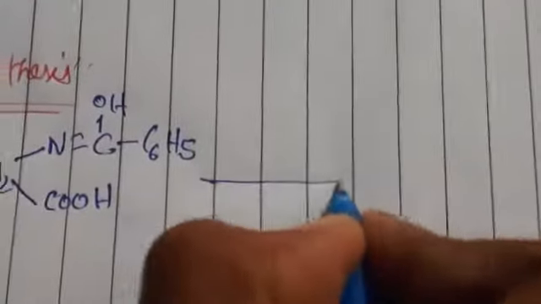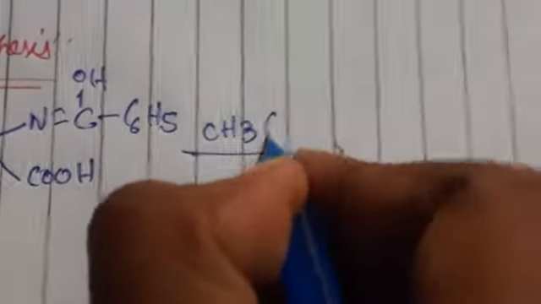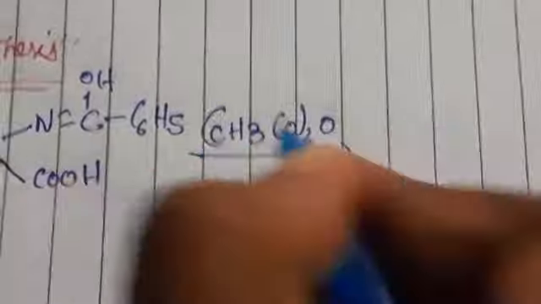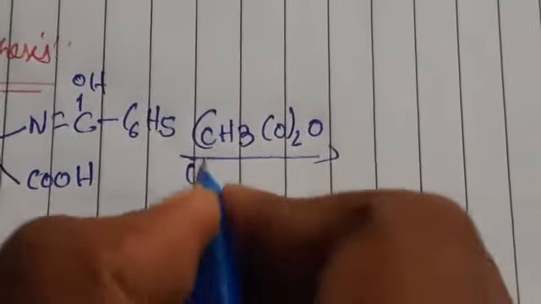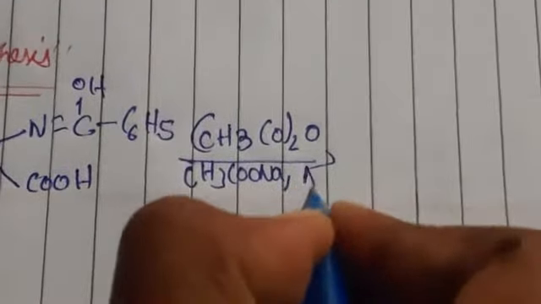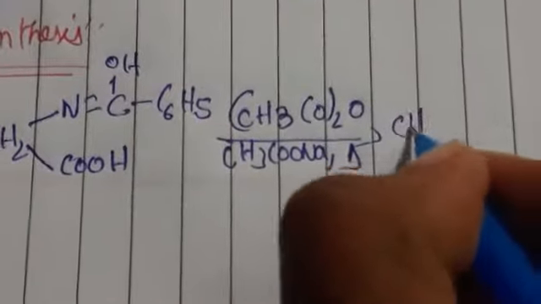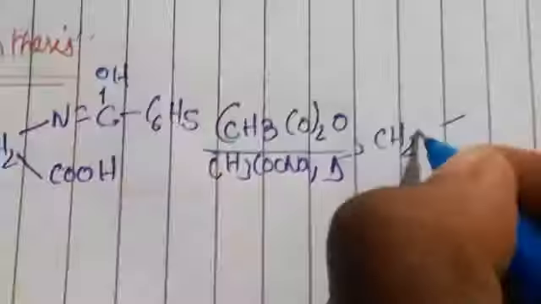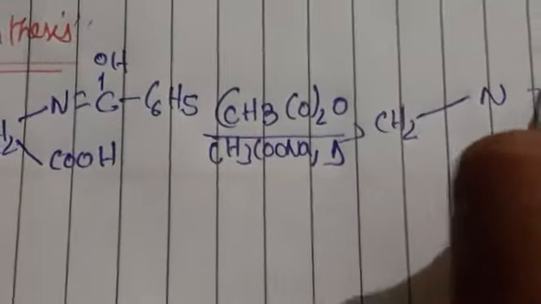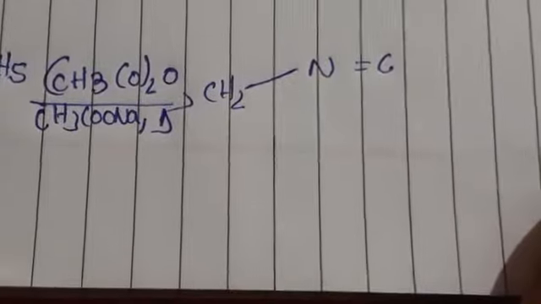Okay, so if we add acetic anhydride, CH3 CO twice O, and CH3 sodium acetate, which undergoes heating to form CH2 N double bond C OH, it is there now here already.